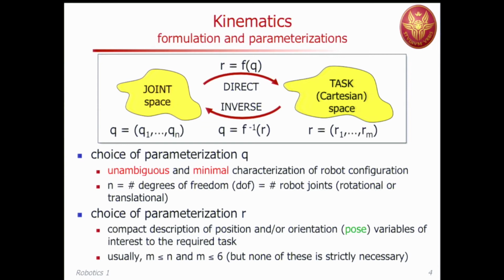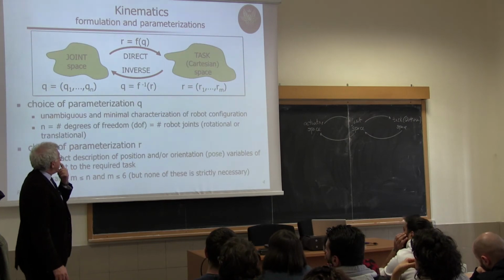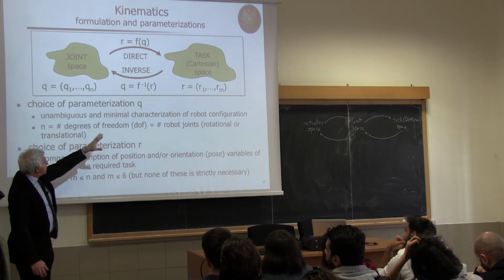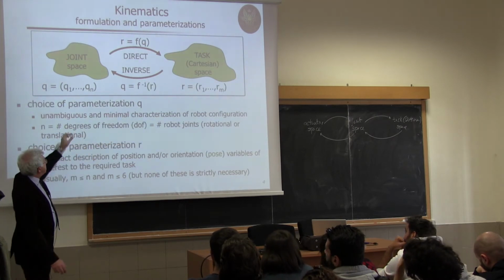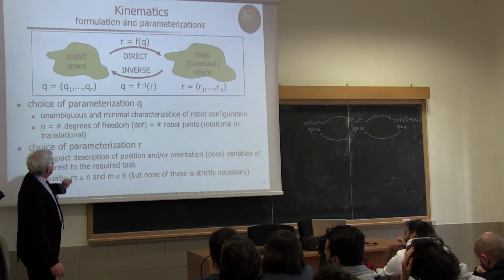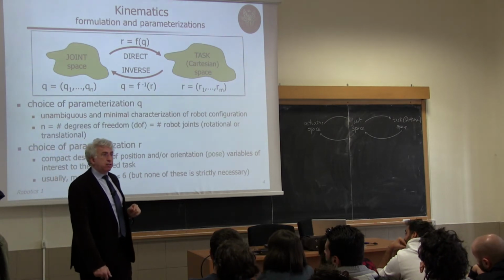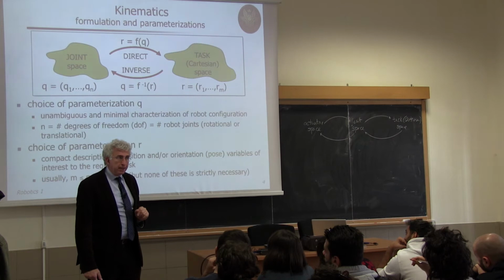So we can introduce another array of m variables, different from n in general, R1 to Rm, with the same idea. So the task or Cartesian space is described in an unambiguous and minimal way by that set of variables. Okay?